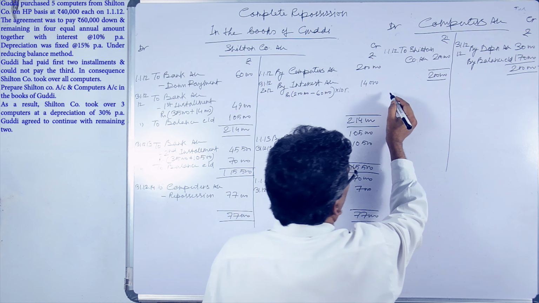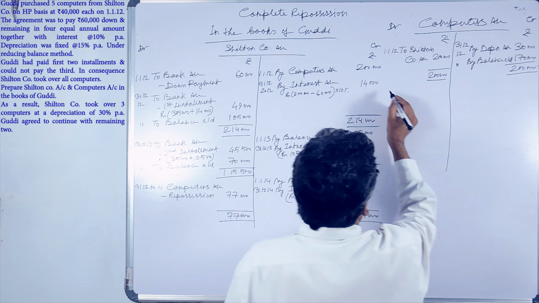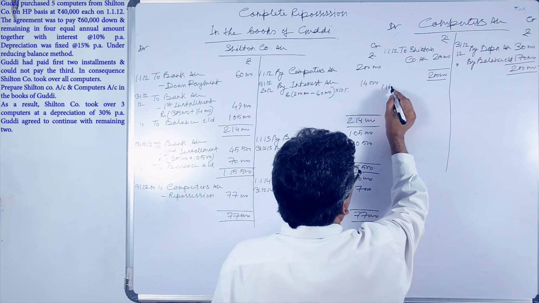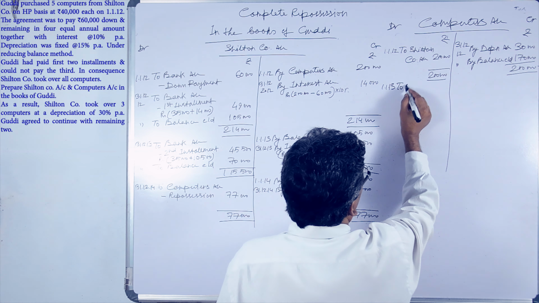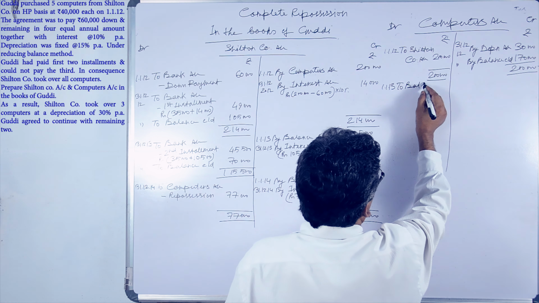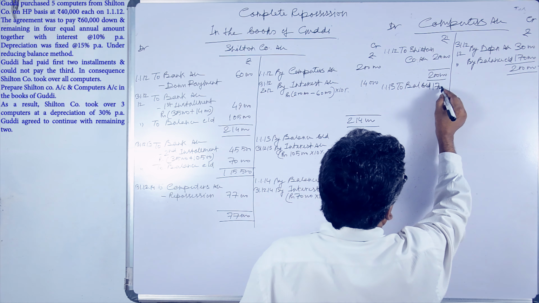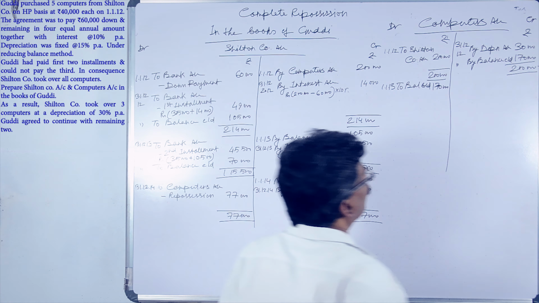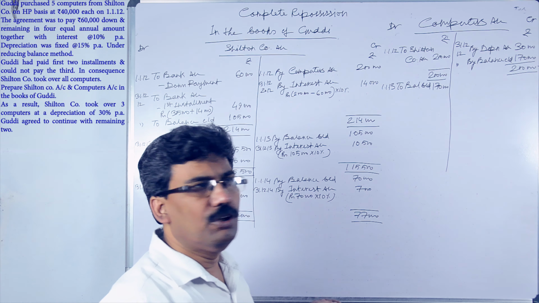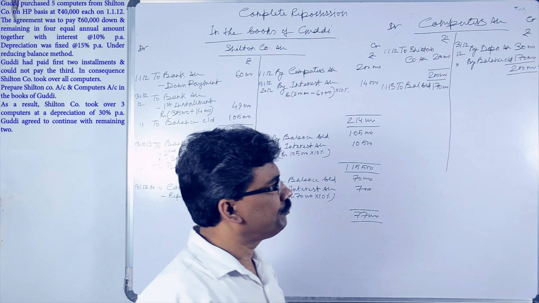This is to be taken on the opening date 1/1/2013 to balance B/D. It is 1,70,000. Due to the narrow space, I write some abbreviation.